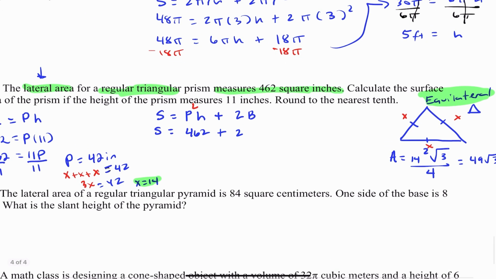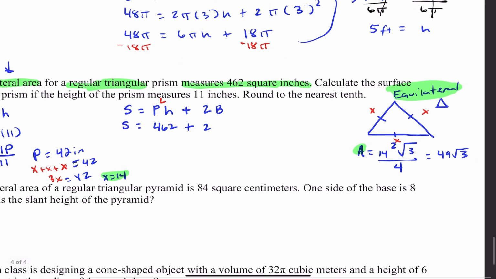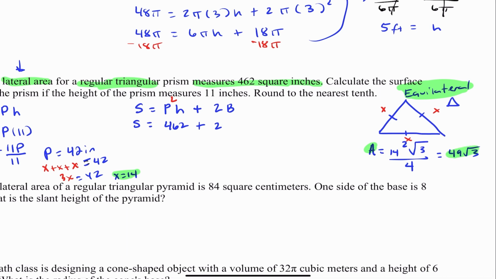So that is the area of your base. So S equals 462 plus 2 times 49 root 3. So now I can find the surface area. So 462 plus 2 times 49 root 3. 49 times 2 is 98 root 3.